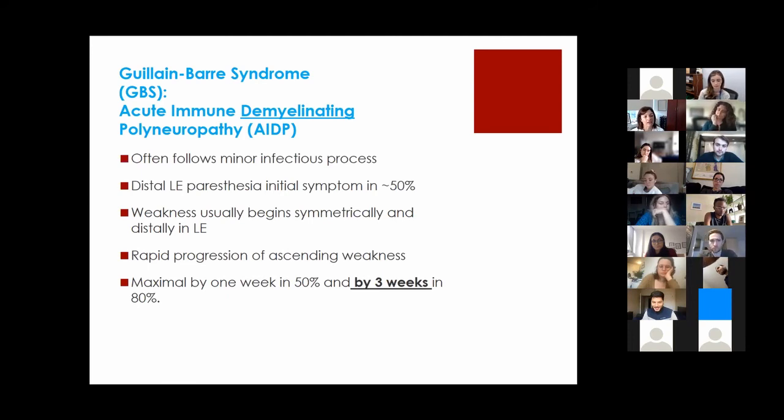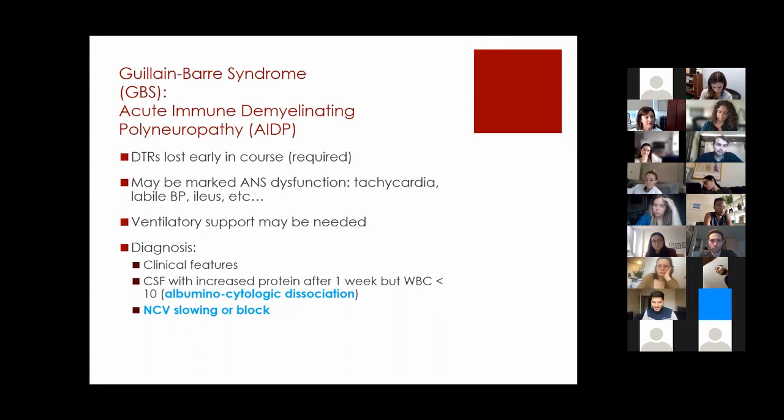Is something going on? And lo and behold, it might be that this is still within their natural disease course progression. They just need more support. Sometimes they get another course of treatment, but we don't have to call into question everything that we've come up with so far. Rarely, ventilatory support may be needed, again, in more severe cases.